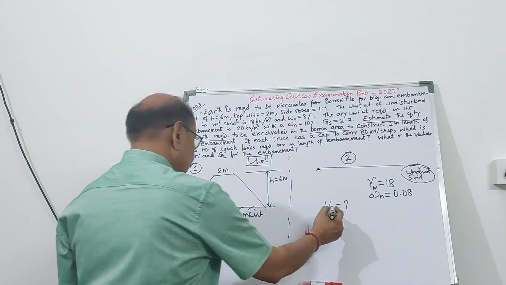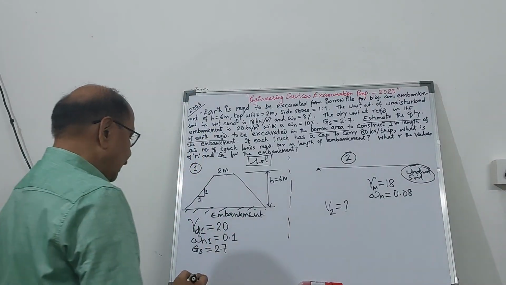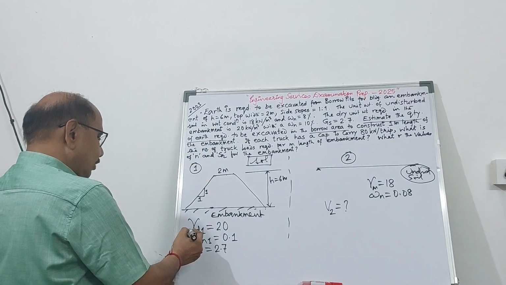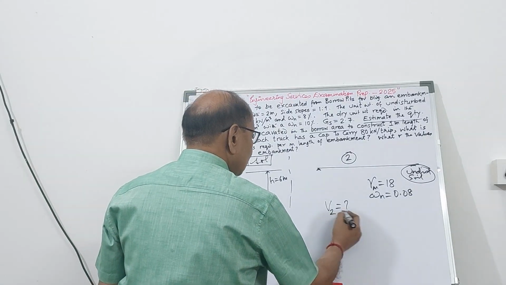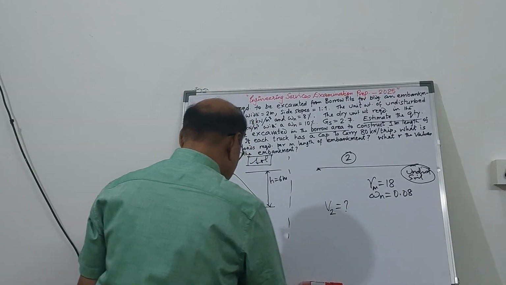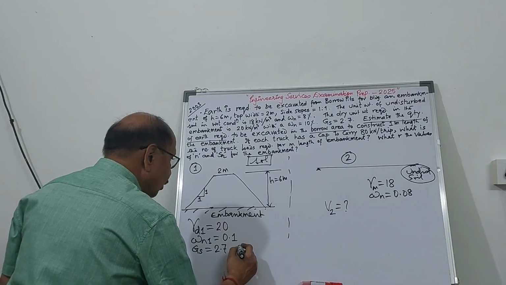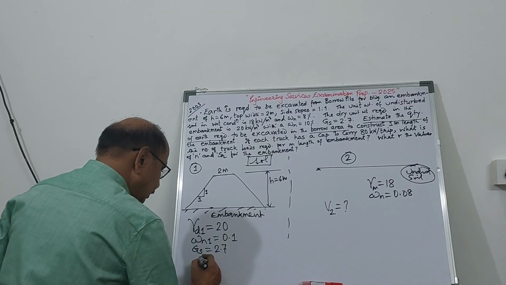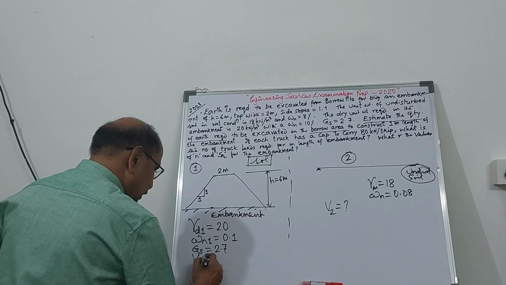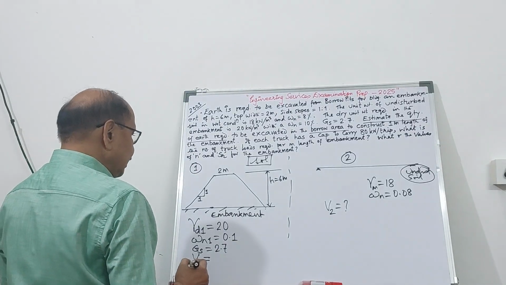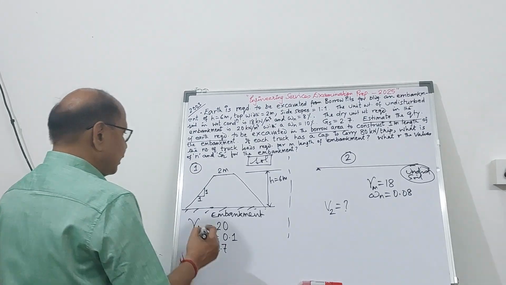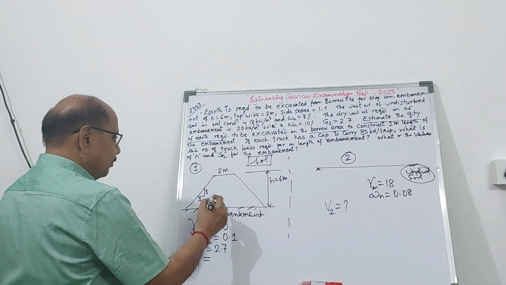So here you can find out the volume V1. So let the volume of the embankment be V1. So you can find it out, the volume of the embankment.